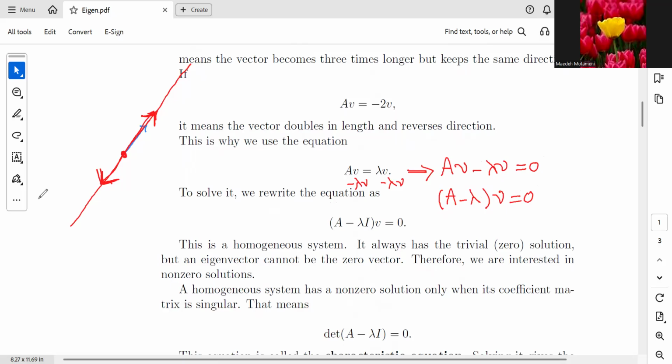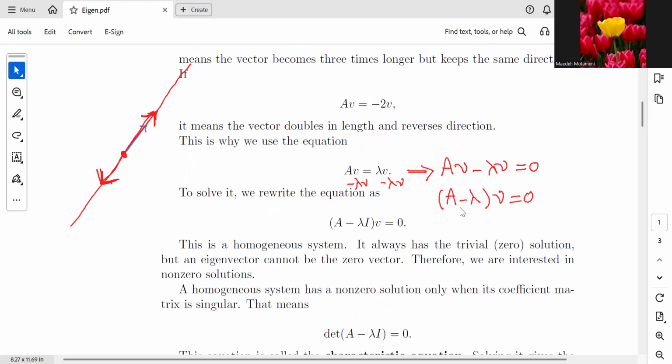The expression inside the parentheses cannot be done in terms of mathematics, because A is a matrix and lambda is a number. We cannot subtract a number from a matrix. Let's say we cannot write the matrix 1, 0, 2, 3 minus just 3. This is not correct.